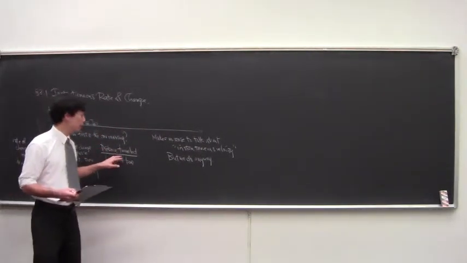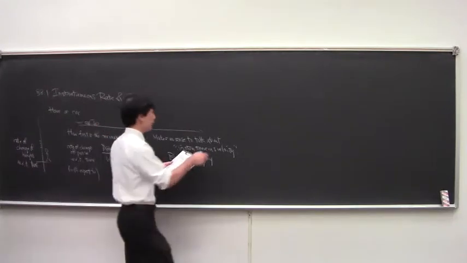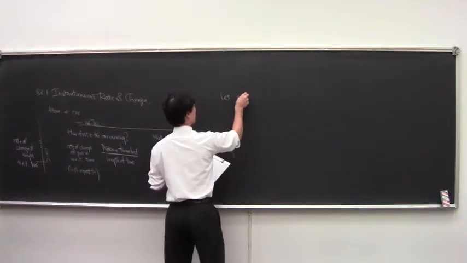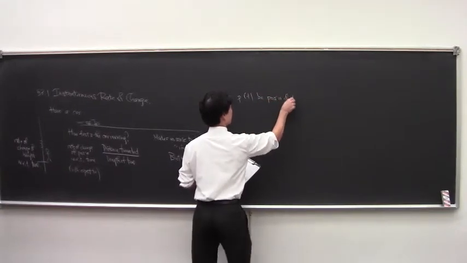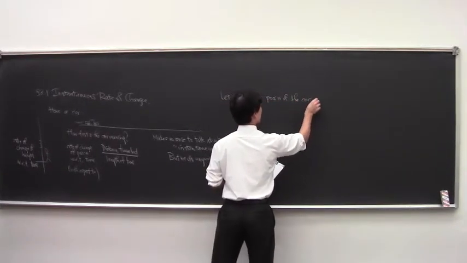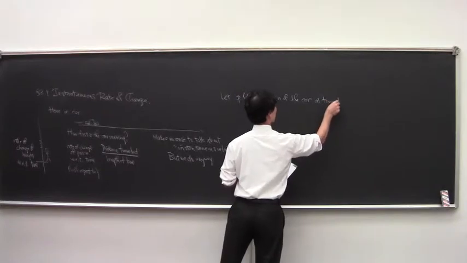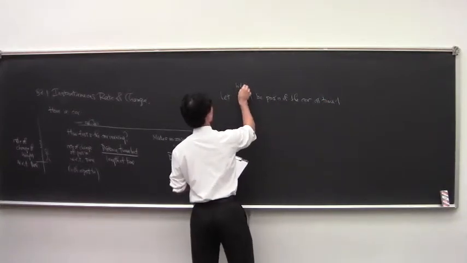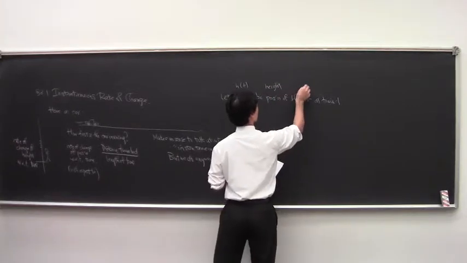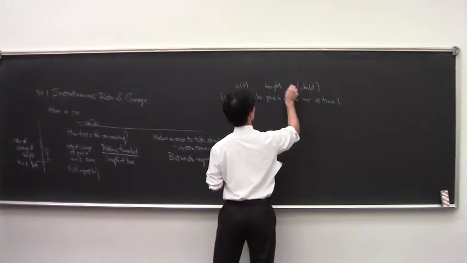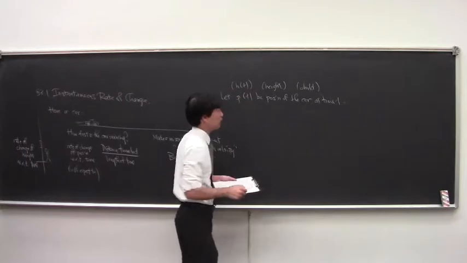So let p of t be the position of the car at time t, or if you like, the height of the child at time t.